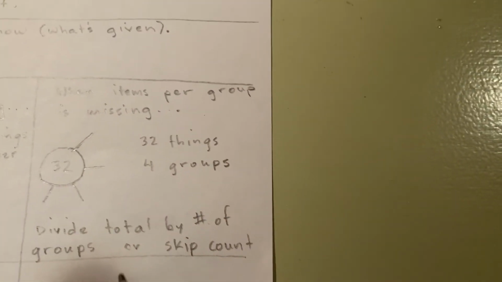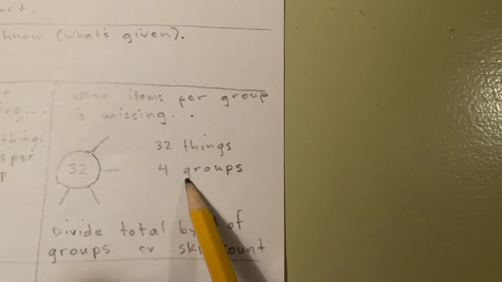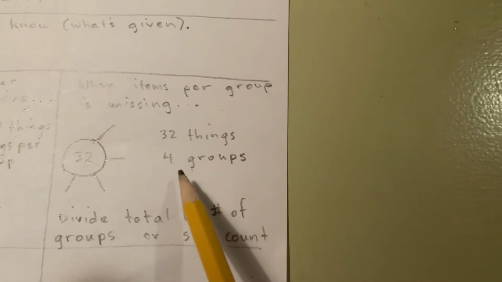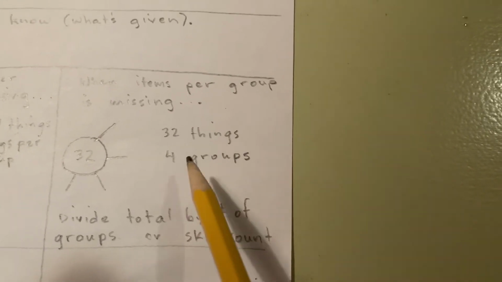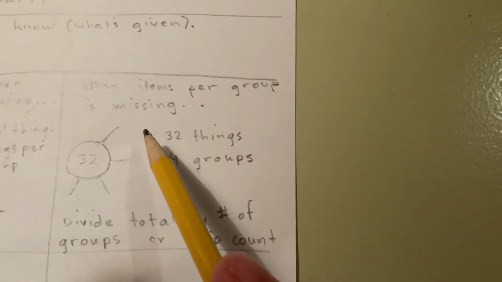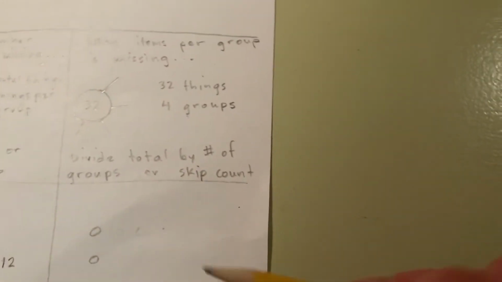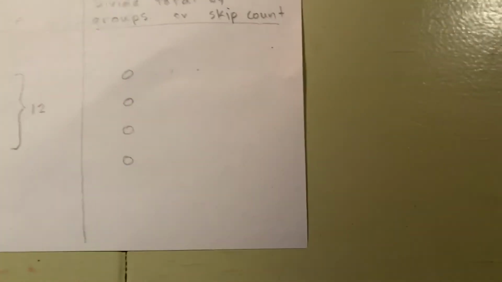And I could divide the total 32 by the number of groups, 32 divided by 4, or I could skip count up by 4s until I get to 32, or start at 32 and go down by 4s until I get to 0.